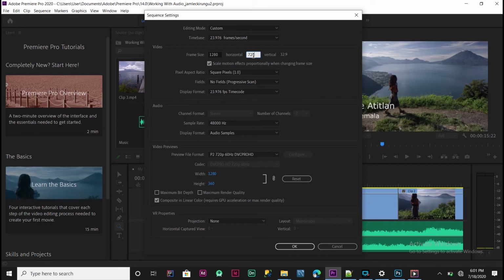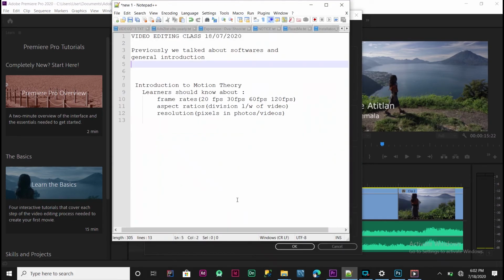Mostly we now have what we call 4K. 4K is 3840 by 2160. It is called 4K because this value is almost 4000. We also have 8K.